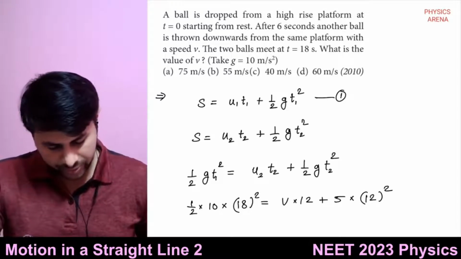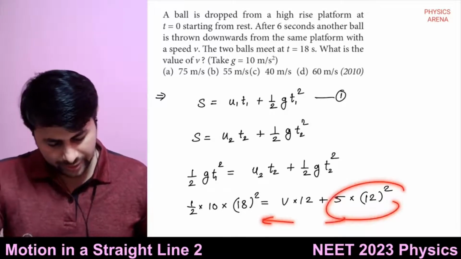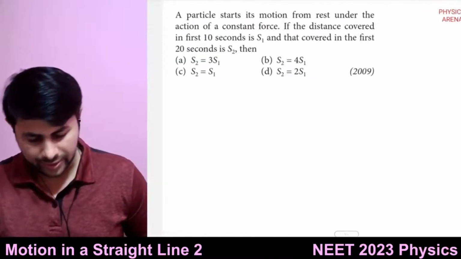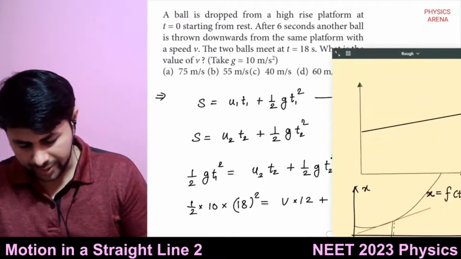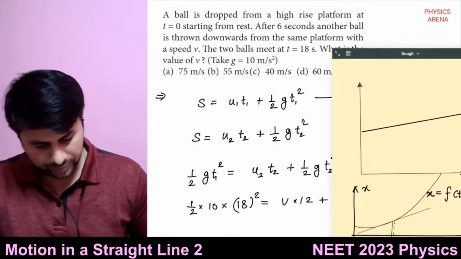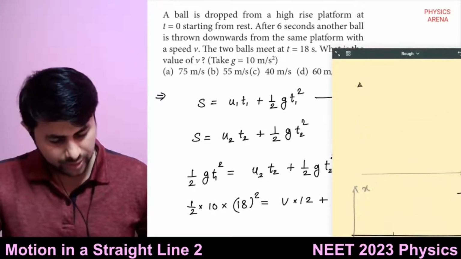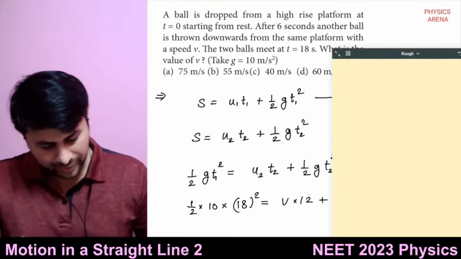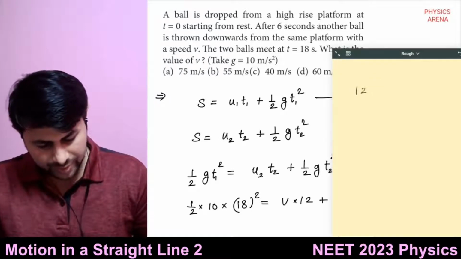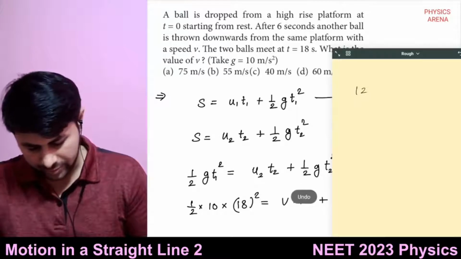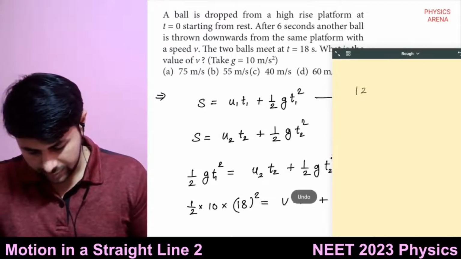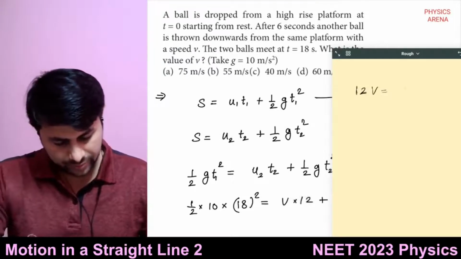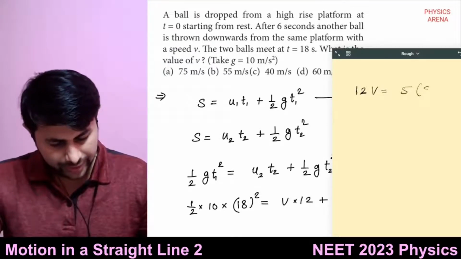So let's move this thing on the left hand side. So 5 we can take common. It is 18 square minus 12 square. Let's do the calculations over here. So 12 times v is equal to 5 multiplied by 18 square.